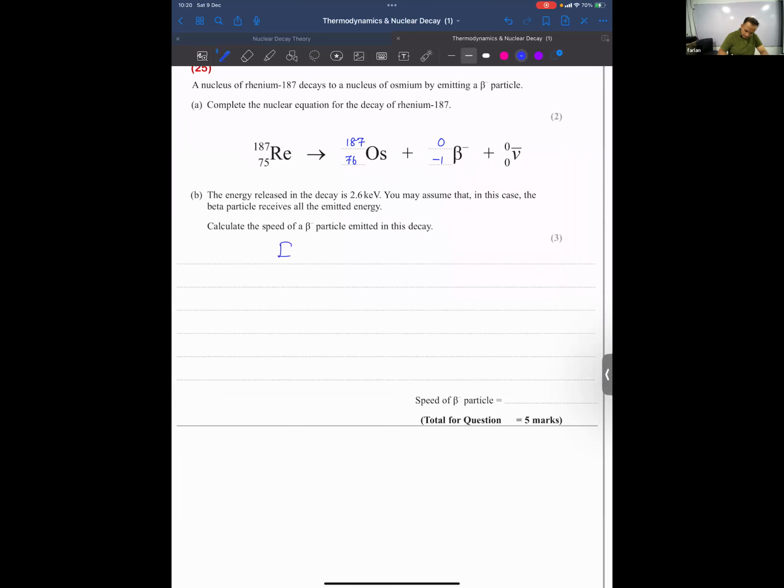It's an easy one. They are asking you to assume that the entire energy is taken by the beta particle. Energy released is 2.6 kilo electron volts.